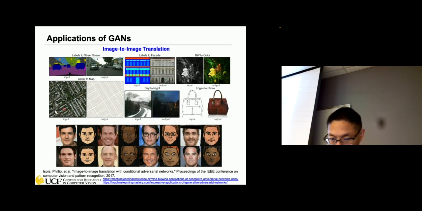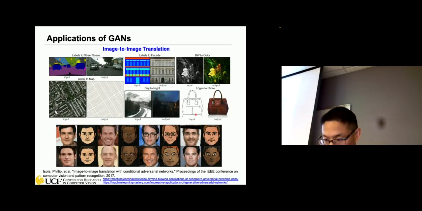The input can be a satellite image, and you can generate the corresponding map, or vice versa: given a map input, can you generate the corresponding satellite image with the roads and buildings, etc.? You can also take an input in the winter season with all this snow and generate an image in a different season, for example how UCF looks in the winter or different seasons.